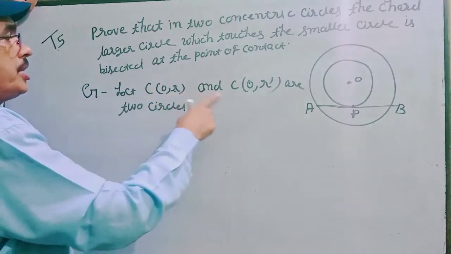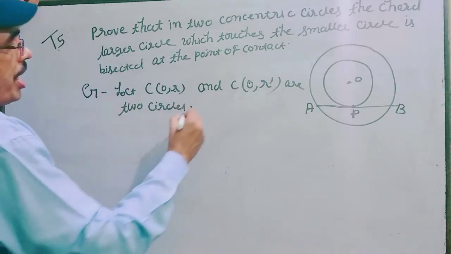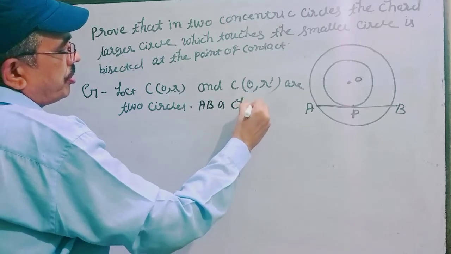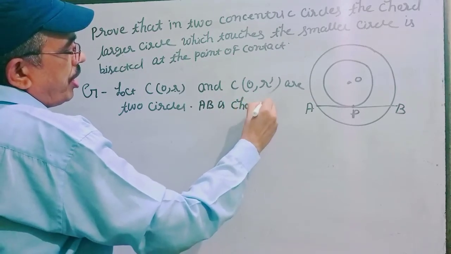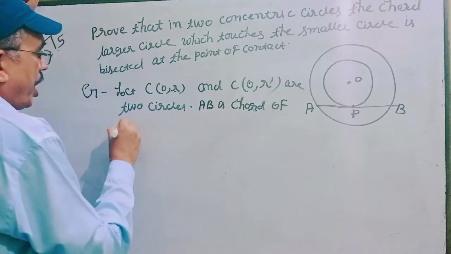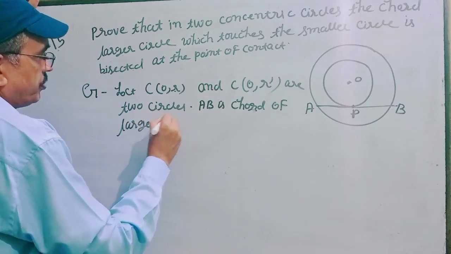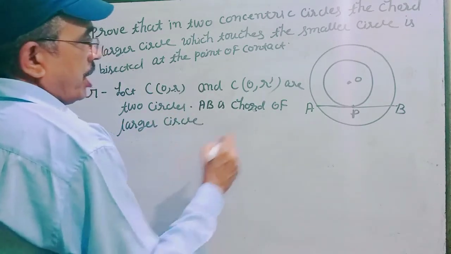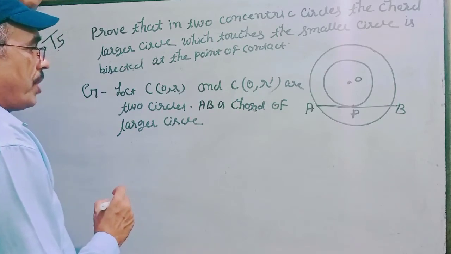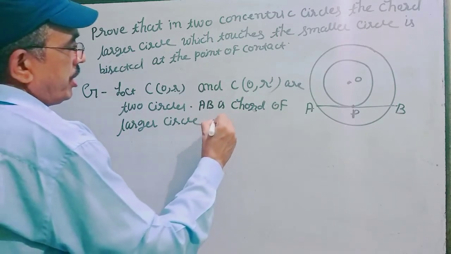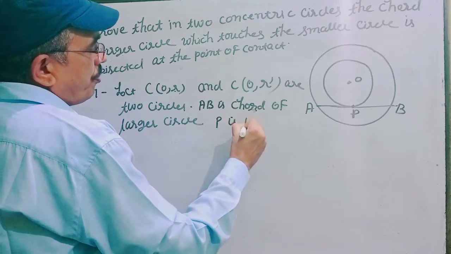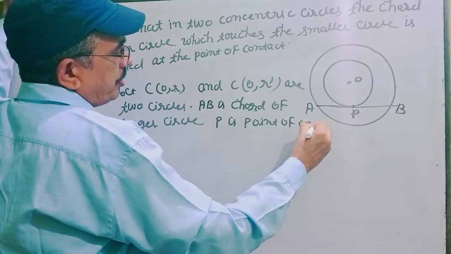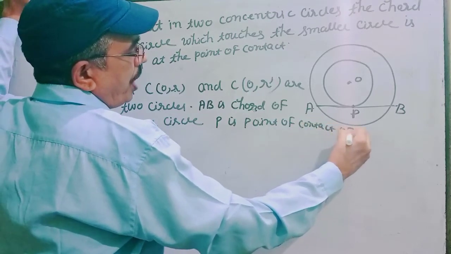So let C(O, R) and C(O, R dash) be two circles, and AB is a chord of the larger circle, and P is the point of contact of the smaller circle.